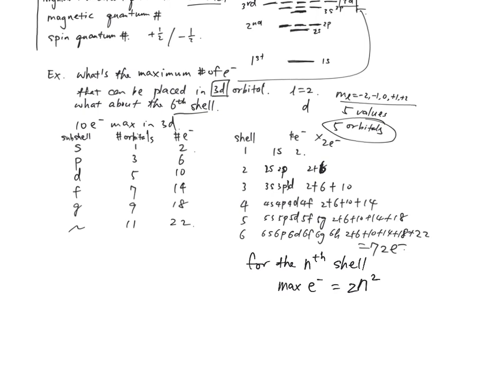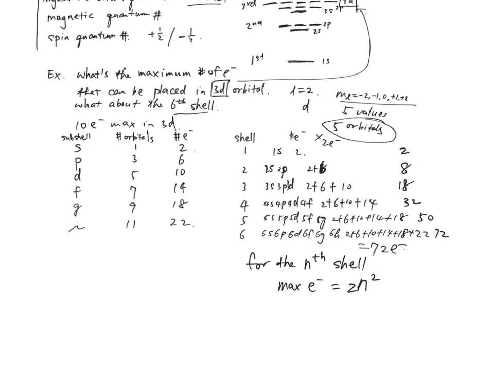First shell, we have 2 electrons. Second shell, we have 2 plus 6, 8 electrons. Third shell, we have 2 plus 6 plus 10, 18 electrons. Then 32, 50, and 72.